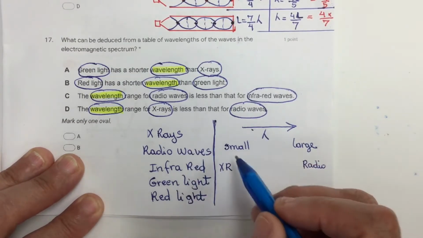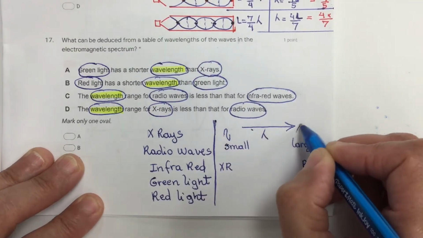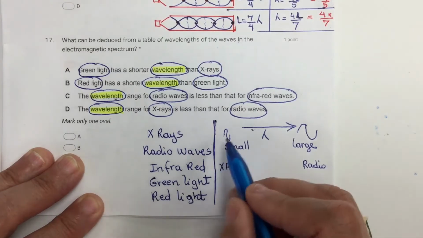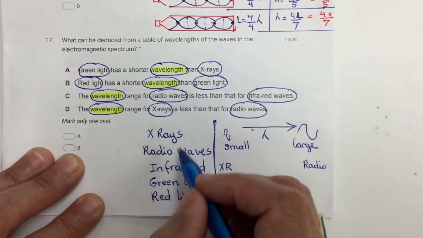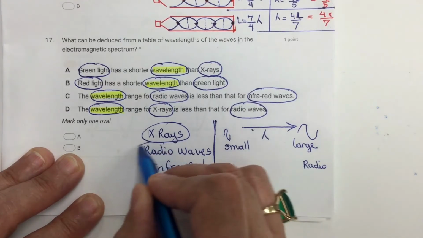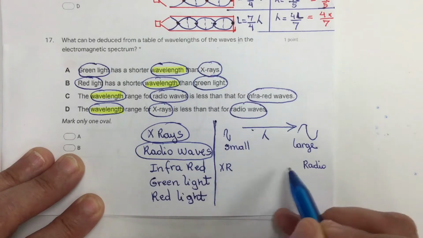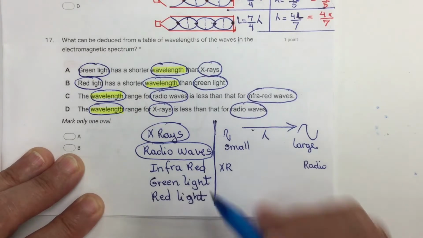The smallest one will be our X-ray, and the largest one will be my radio waves. And those three will be between them. So let's figure out the order.